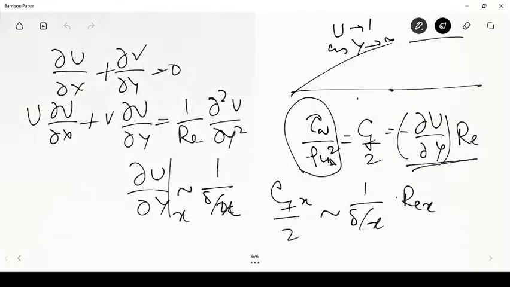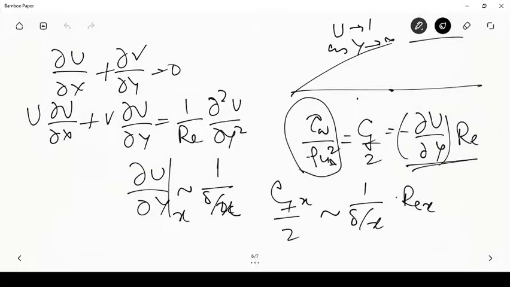Okay, so this is basically what we will use in this expression. Sorry, I had put the Re in the wrong place. So this multiplied by Re is del u by del y. It's what we actually got.